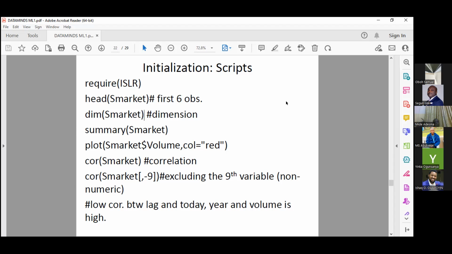Then you want to plot and see what it looks like. You just put plot, Smarket dollar sign volume. There are other variables in that Smarket, and we want to pick volume, which is why we use this dollar sign. We can also say square bracket, comma, maybe the 7th variable. Then we can choose our color, which can be yellow, pink, or whatever color we want. Then our plot is produced. We are going to do that in the practical.